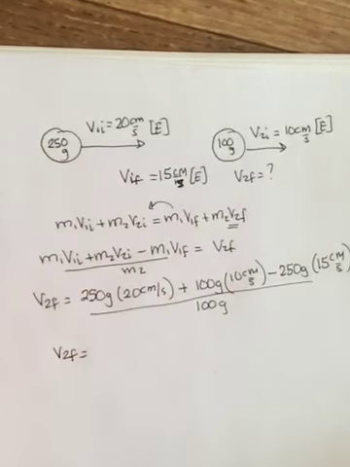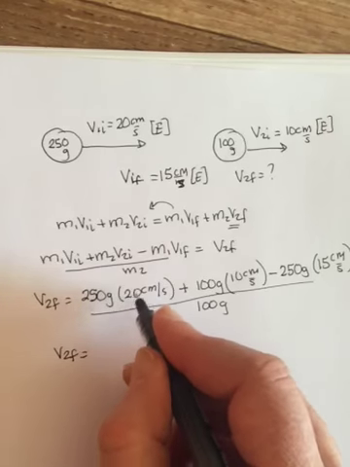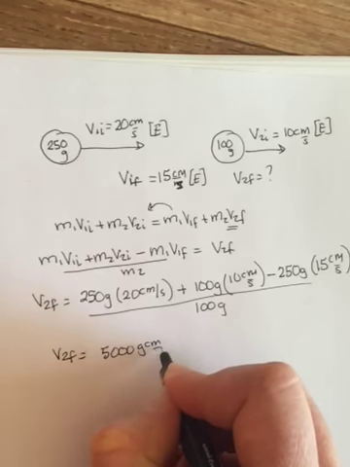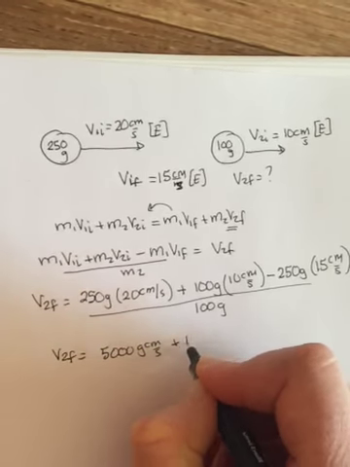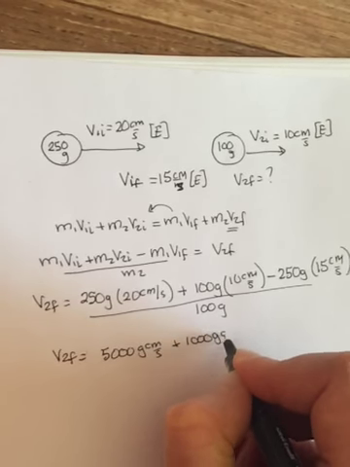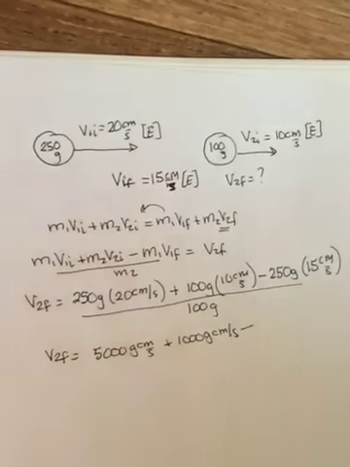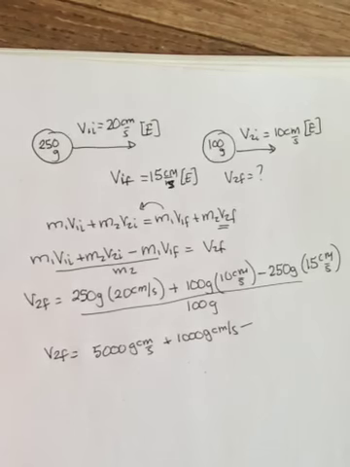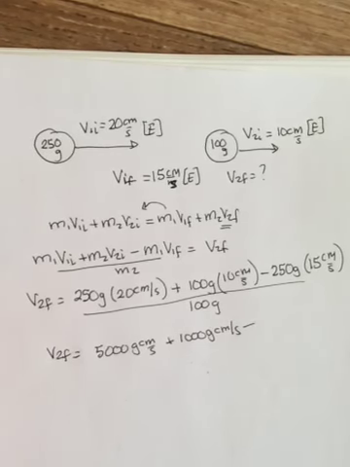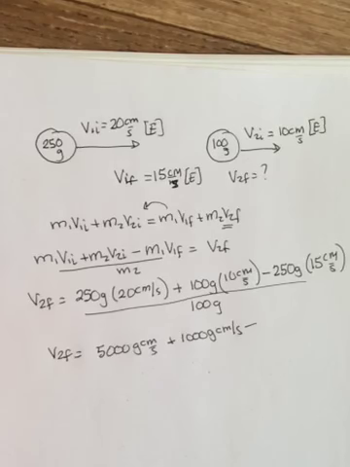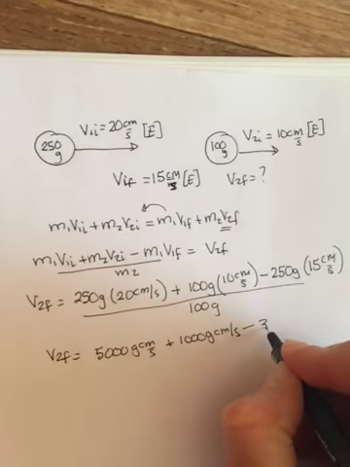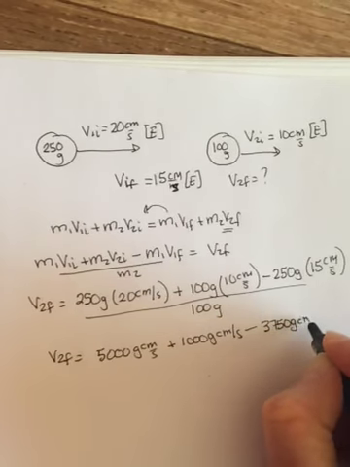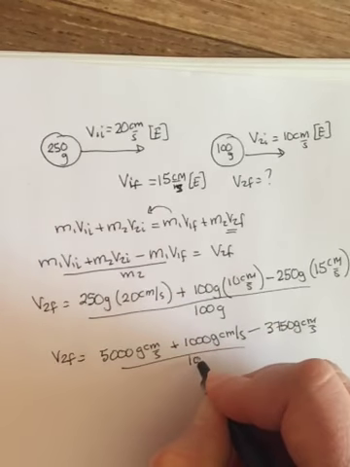On the top, that would be 2500 grams centimeters per second plus 1000 grams centimeters per second, and then minus, I don't really want to do that one in my head, 15 times 250, what is it, 3750, I think, grams centimeters per second, and then divide by 100.